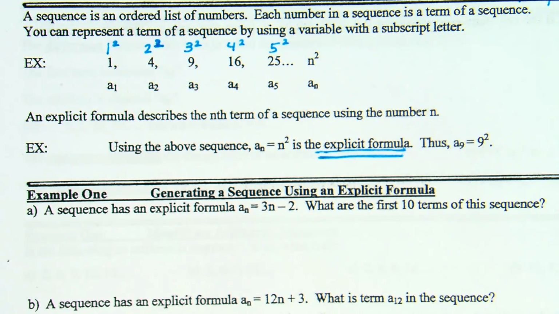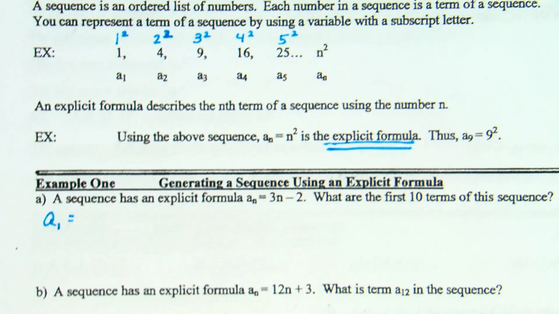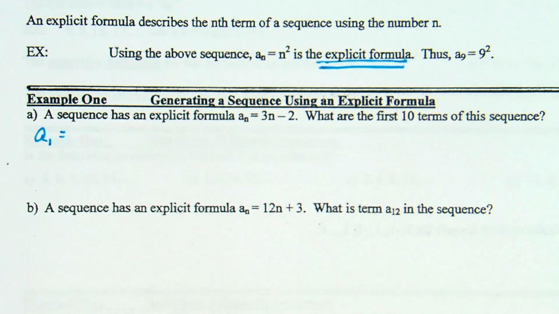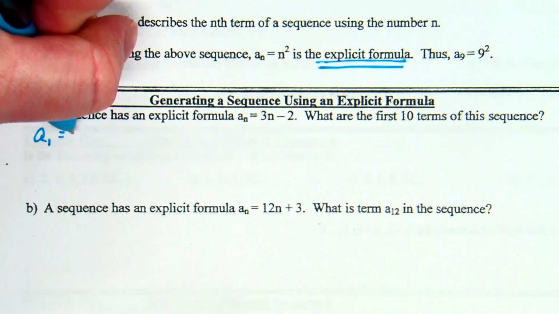So the first term is denoted as A of 1. How am I going to find the first term? Put 1 in for n, right? That's how an explicit formula works.